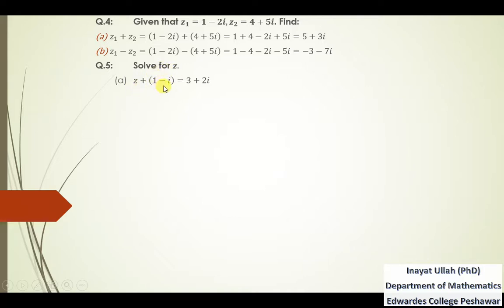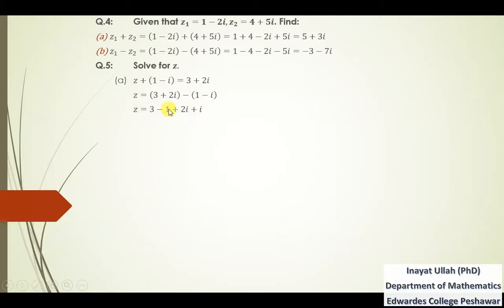Shifting this term towards that side, that is positive, so that will become negative. So we see here z is equal to 3 plus 2 iota minus this whole bracket. Now multiplying minus inside, or we may say that we are going to subtract these two complex numbers, 3 minus 1 plus 2 iota minus iota.